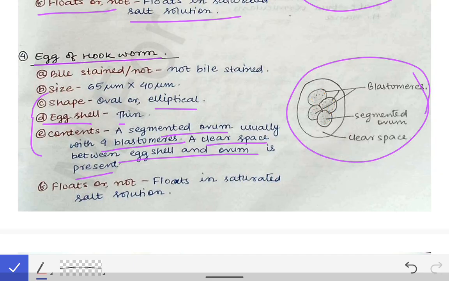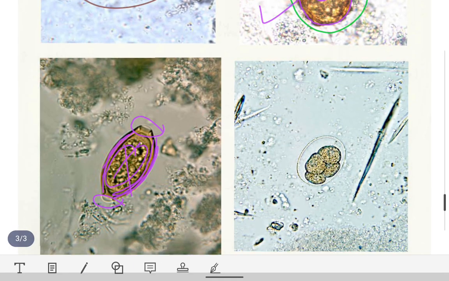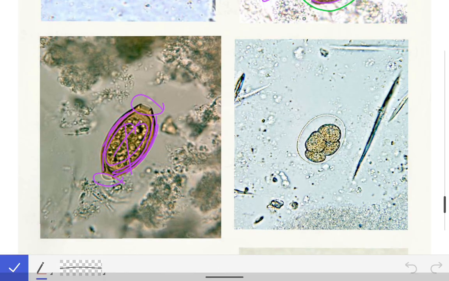Let's see the real picture of the egg of the hookworm. Then you will be able to appreciate it better. So see here, there is a thin egg cell, plus there are four blastomeres, that means an ovum with four segments. You will be able to count also: this is 1, this is 2, this is 3, and this is 4.